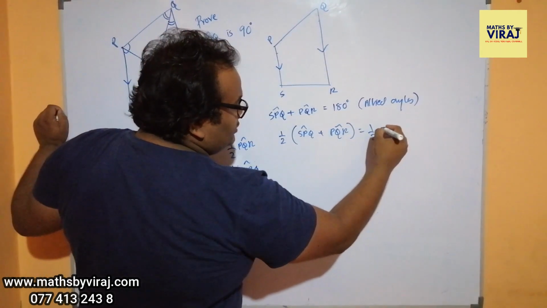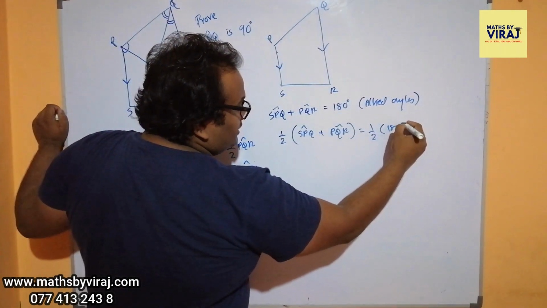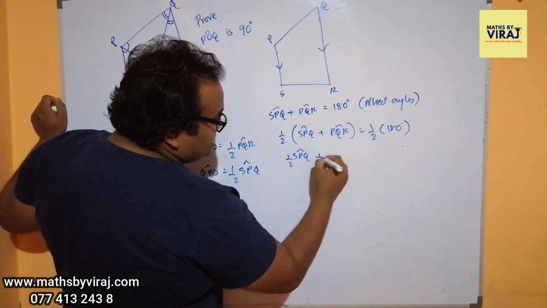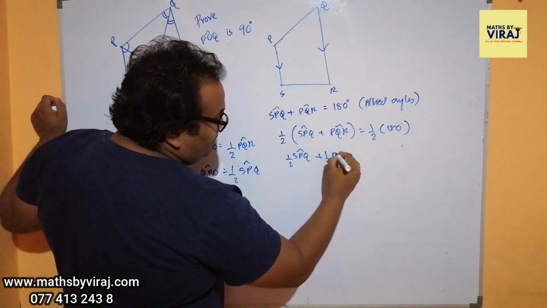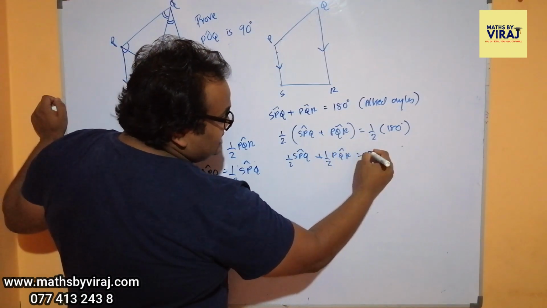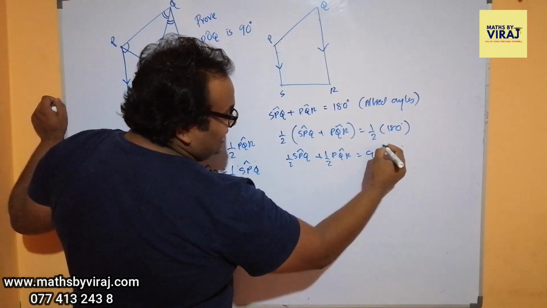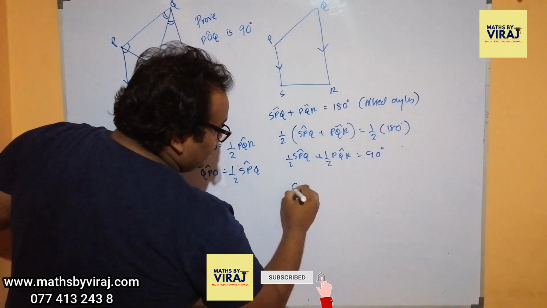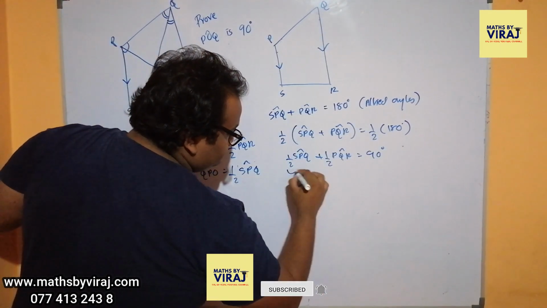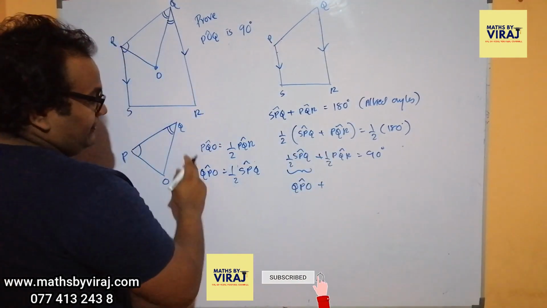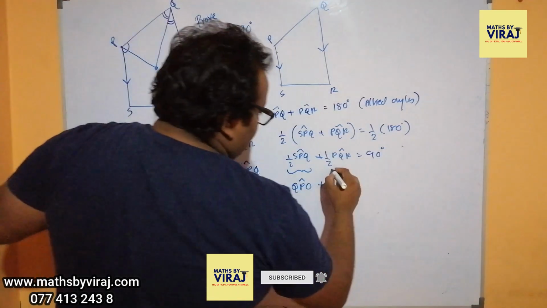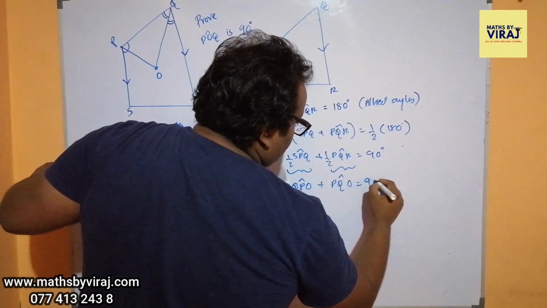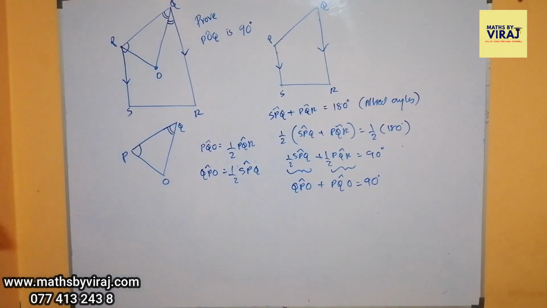I have to multiply this side also by half, which gives me half SPQ plus half PQR is half times 180, which is 90. Now, what is half SPQ? QPO. What is half PQR? PQO, which is equal to 90 degrees.